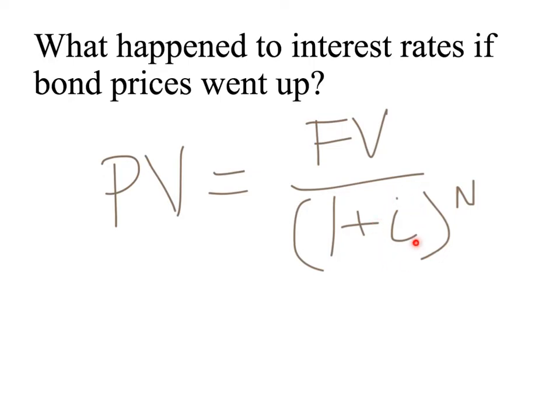So the only thing that could change at a point in time is the interest rate. So if bond prices went up, the only way for that to happen is if the denominator falls, and that's only possible if the interest rate falls. So bond prices rising and interest rates falling are one and the same.